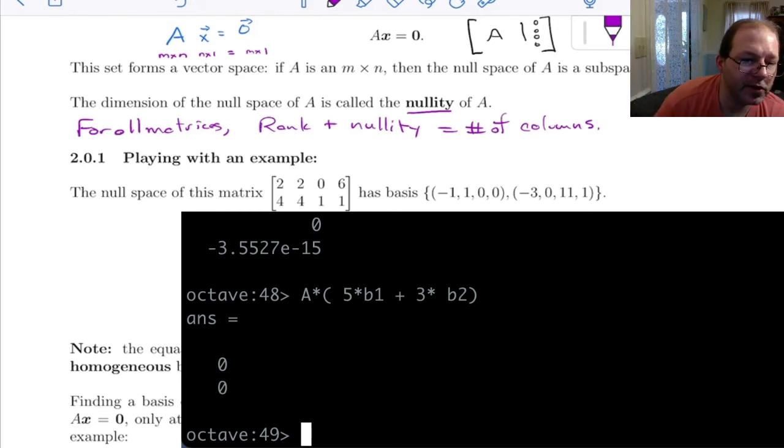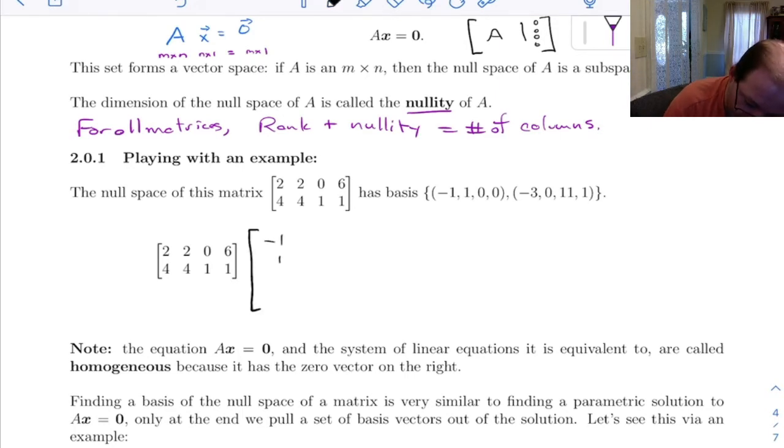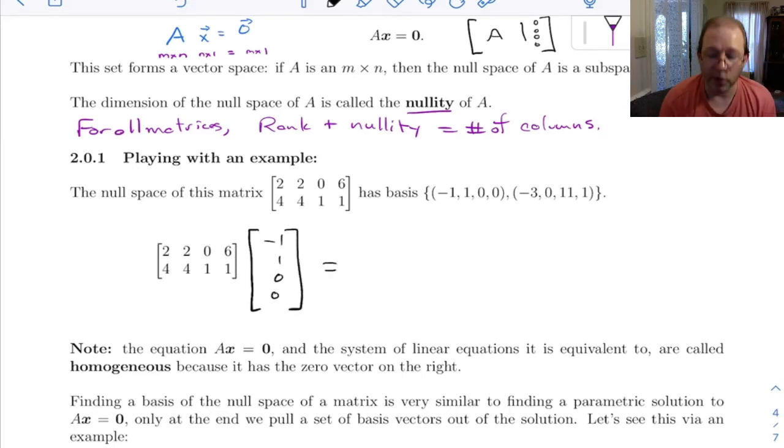And just for fun, let's do one of them by hand. If I take the 2, 2, 0, 6 down here and multiply it by, let's just pick one of those two basis vectors, -1, 1, 0, 0. If I multiply this out, it's going to give me 0, 0.